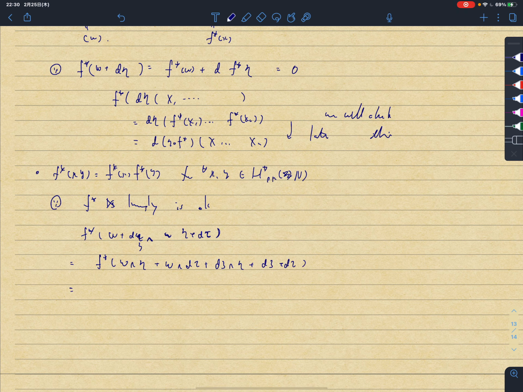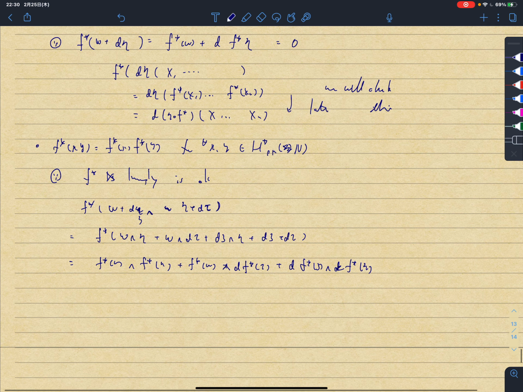F star omega, eta plus omega plus d F star tau, d F star eta plus df.